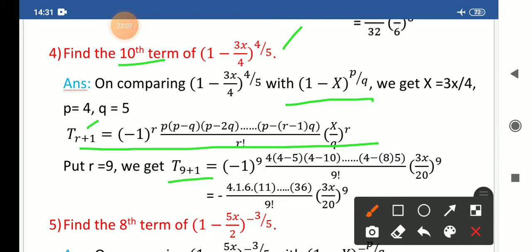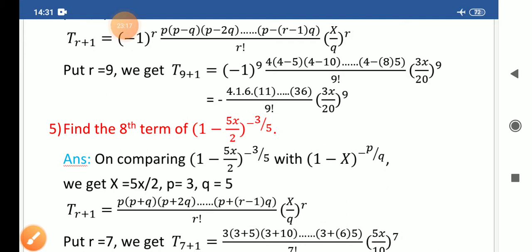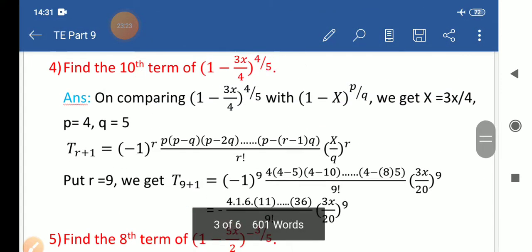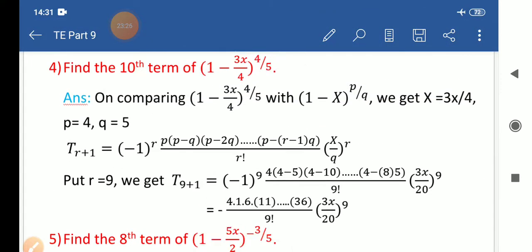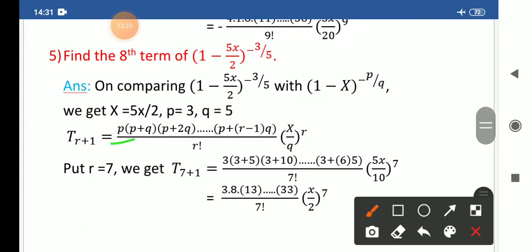Comparing with r plus 1, r is equal to 9. We substitute in this formula and we have the 10th term like this. Here the power is minus p by q, so minus into minus is plus, and all terms are plus. But here it is plus into minus, so we write minus 1 power r. Here there is no minus 1 power r in this formula.